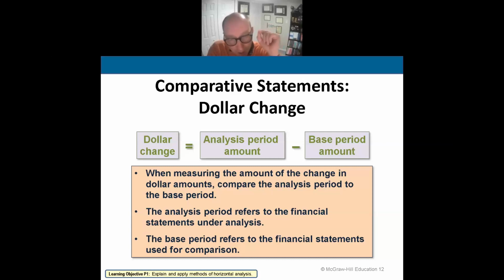For example, if I have $1 million in sales for 2022, and last year, 2021, I had $800,000 in sales, my dollar change is $200,000. 1 million minus 800,000 is $200,000. So my dollar change is 200,000.